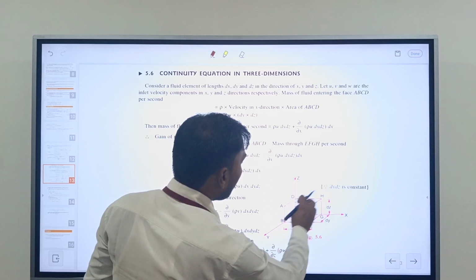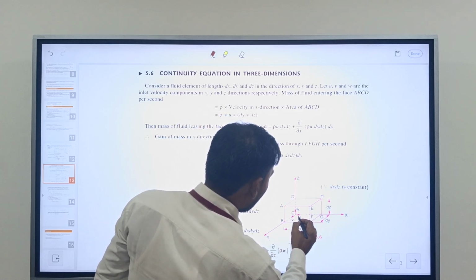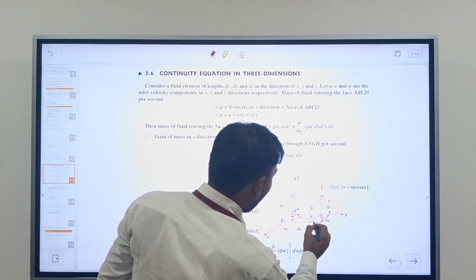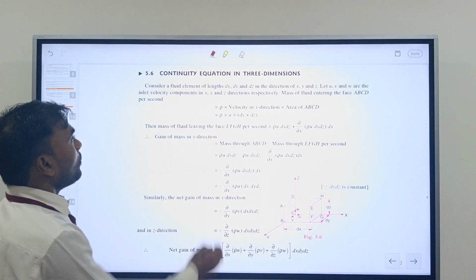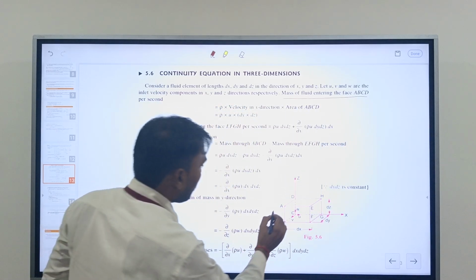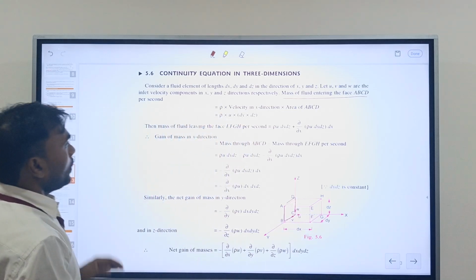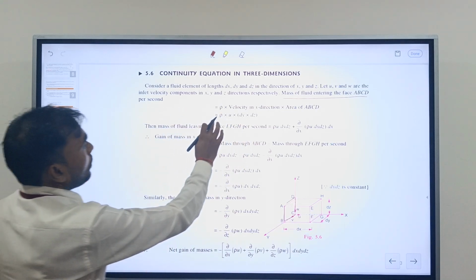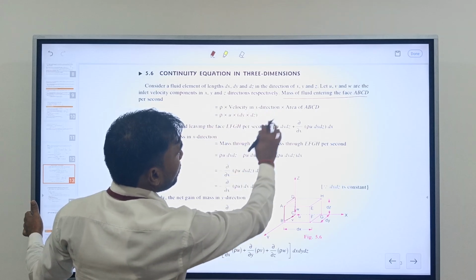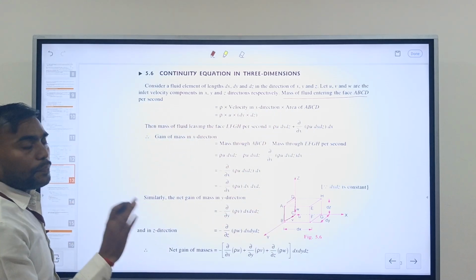So the mass of fluid entering the face ABCD. Suppose this is the fluid element ABCDEFGH. The mass of fluid entering through the face ABCD will be equal to the density into velocity in the x direction into the area of ABCD, per second.